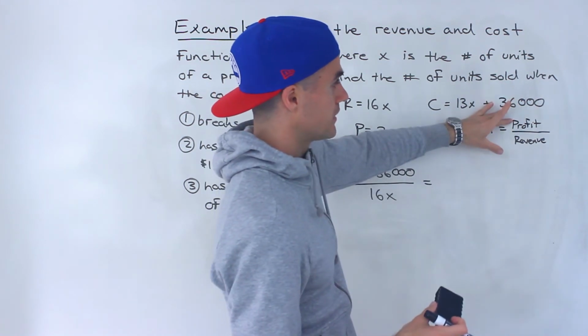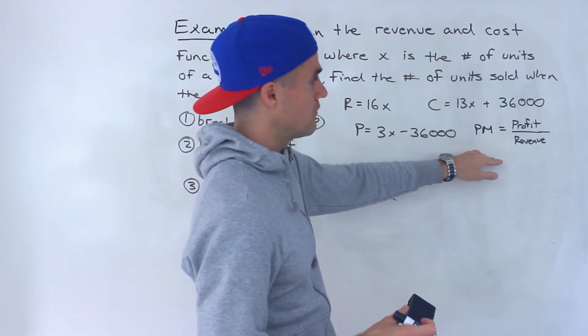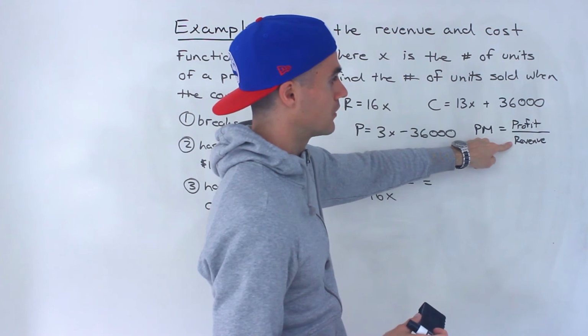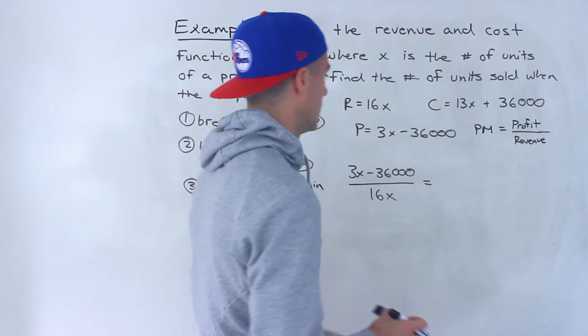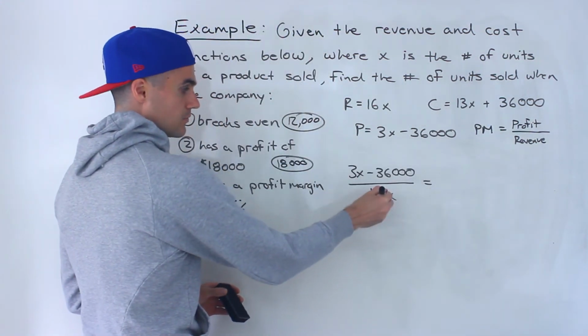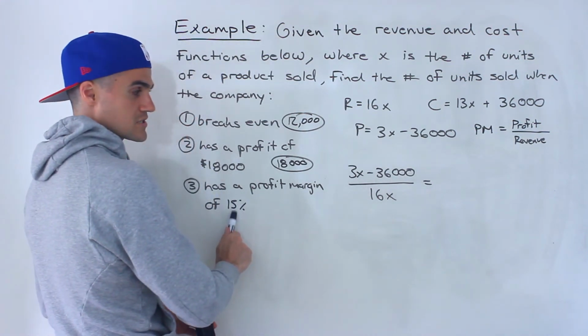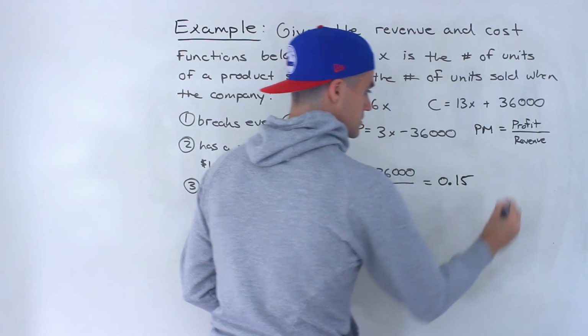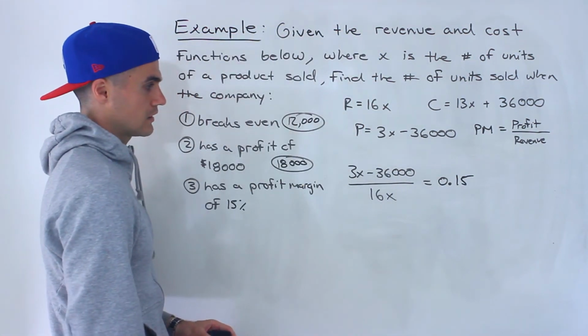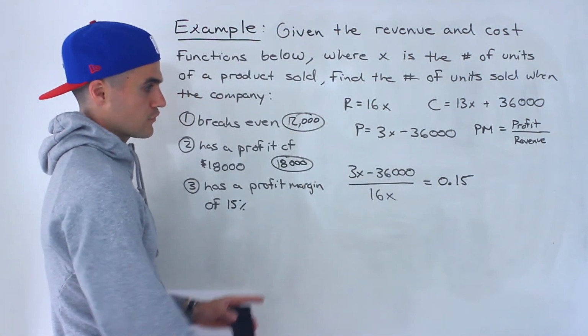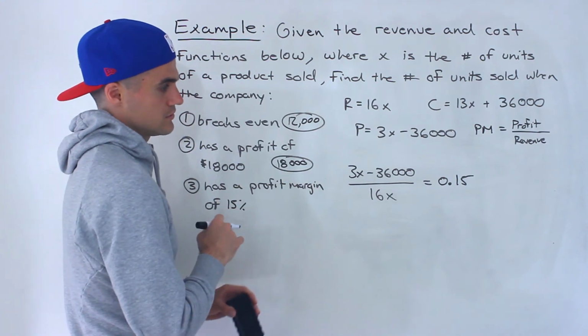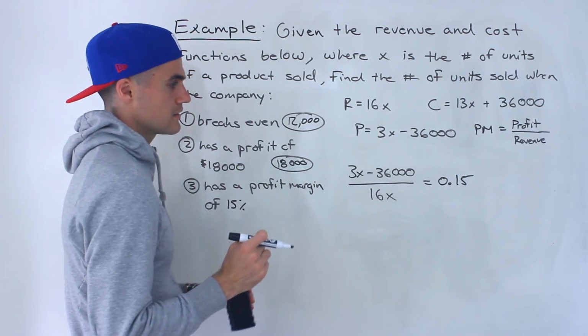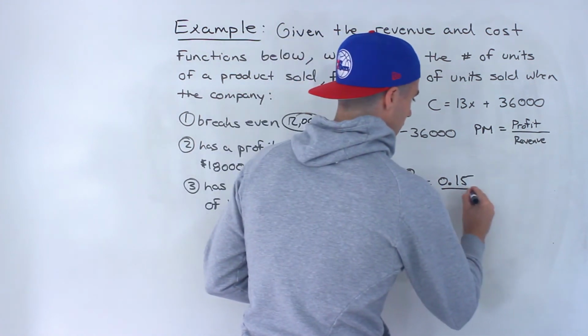Notice that the profit always has to be less than or equal to the revenue, so this is going to be a smaller number over a bigger number, which is going to give you a decimal. So we've got to take this 15% and convert it to a decimal, 0.15. From here, we have this equation to solve. It's a little bit more complex than the other two, but nevertheless, it's not too bad.